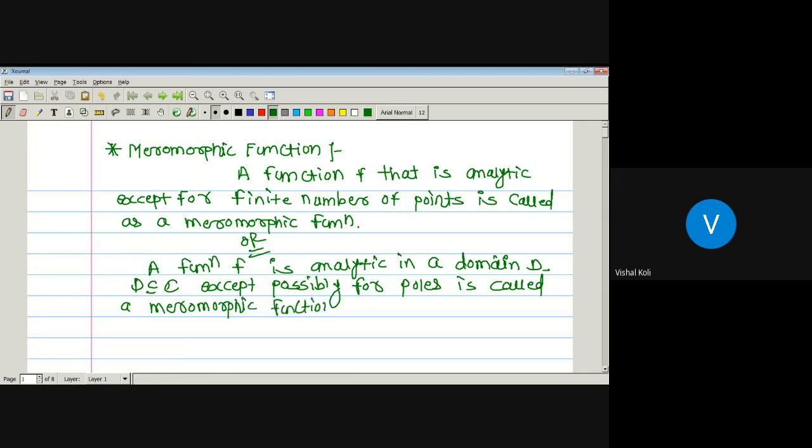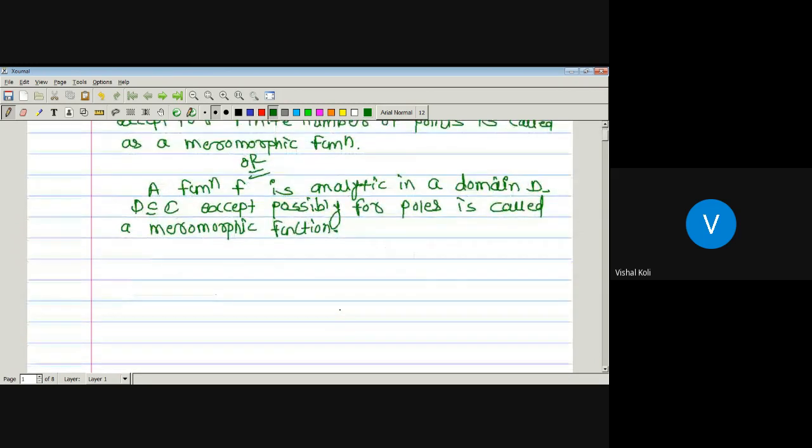Okay, so the meromorphic function must have singular points, but the singular points must be poles only.